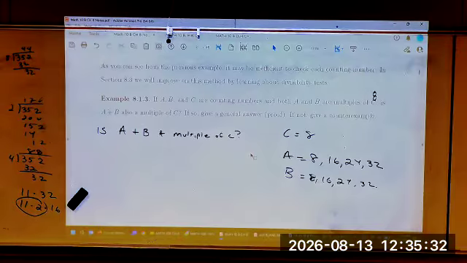If so, give a general answer, a proof. And then if it's not true, give a counterexample. In other words, show an example that makes it false.